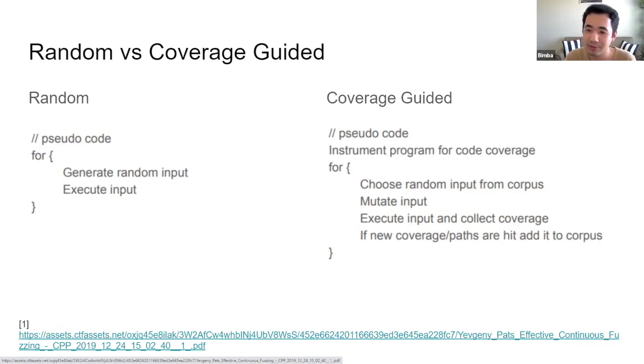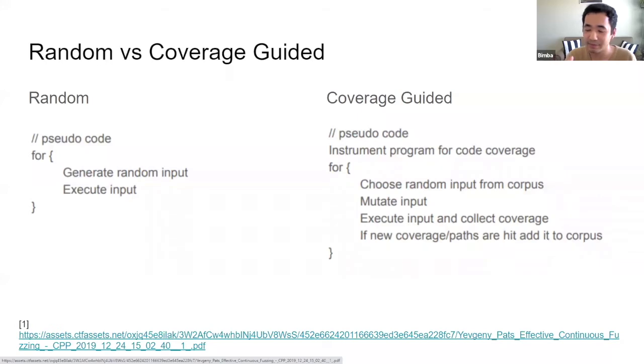And because you've instrumented your code with some flags, when you run it, you'll actually be able to record how much of your code base you covered in each execution. So you'll have some metric of code coverage, and you can use that to guide your fuzzing.